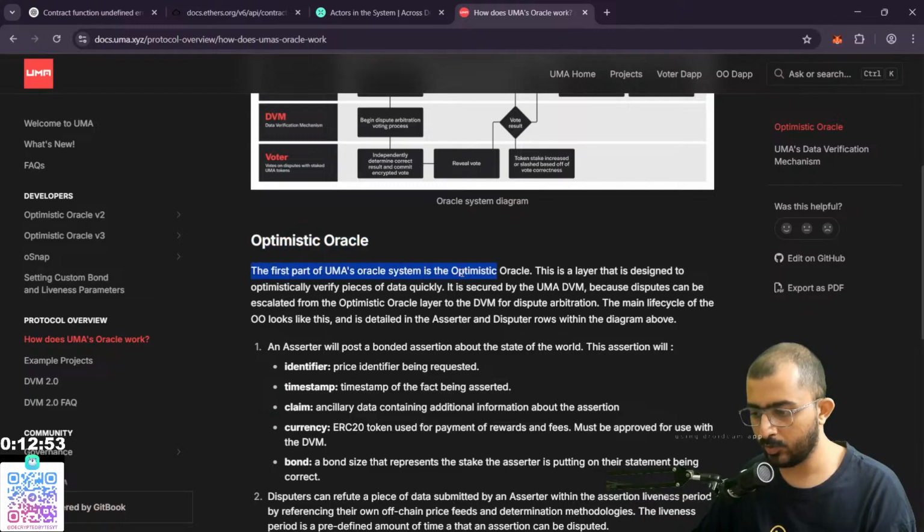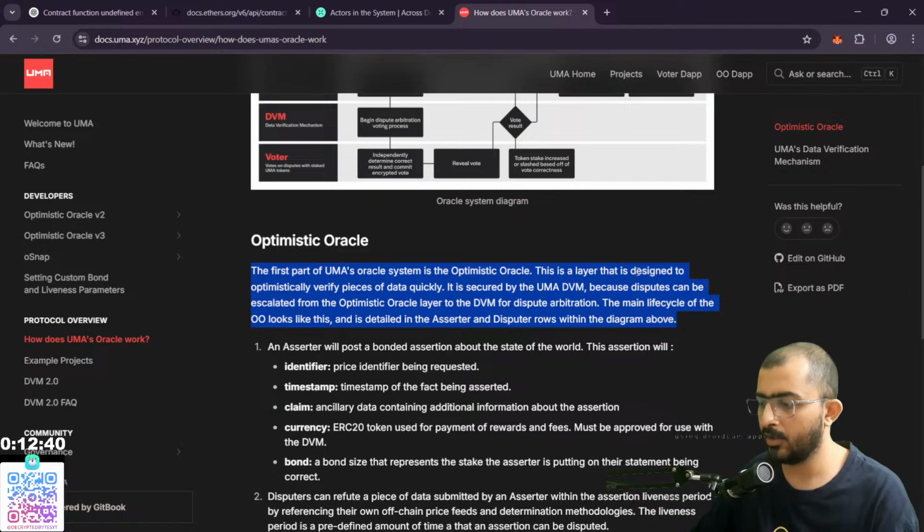The first part of UMA's oracle system is the optimistic oracle. This is a layer that is designed to optimistically verify a piece of data quickly.